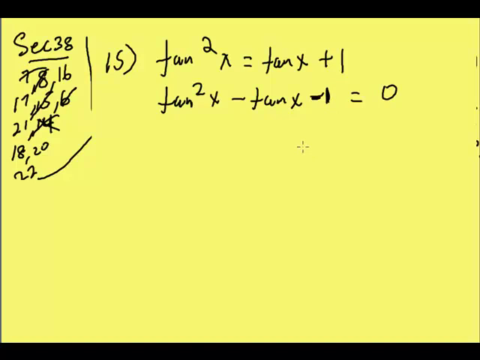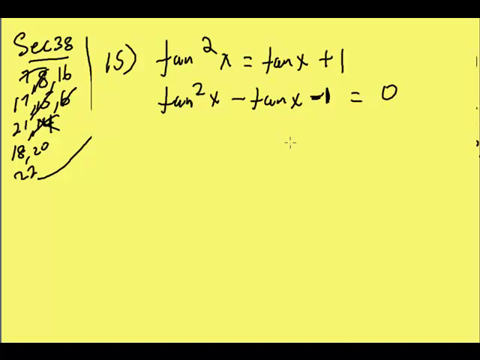Next thing is, I'm going to try to factor. Can I factor this? No. I'm stuck with the quadratic. I cannot factor.